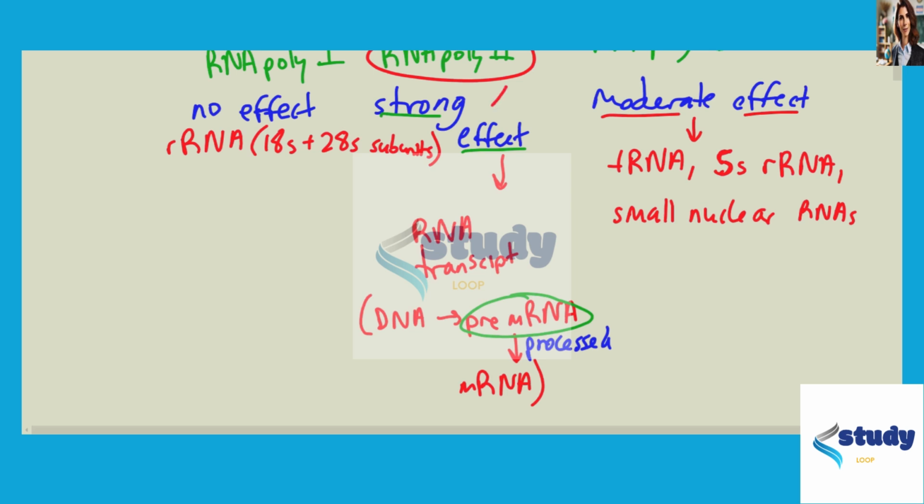Therefore, out of our answer choices, it is the pre-mRNA that is going to be most affected by low levels of alpha-amanitin. Since RNA polymerase II is inhibited by alpha-amanitin, we will have a disruption in this flow, and our pre-mRNA might not be made properly, or might not be made at all. So finally, going back to our answer choices, we find that the correct answer is answer choice D.